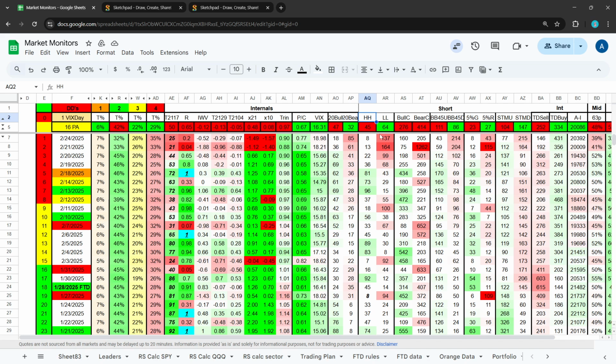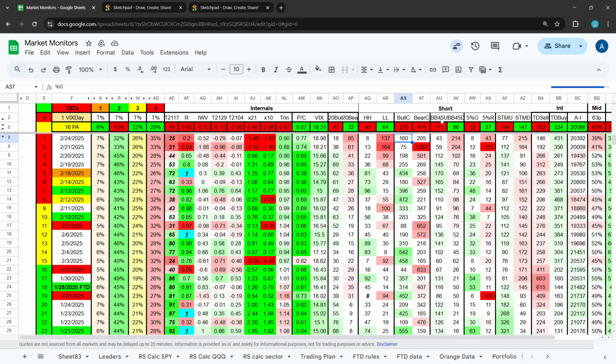And then lower low is stocks that are making lower lows from yesterday. Bull combo and bear combo, or bull C and bear C, that's basically just tracking candles that are either finishing at the high or finishing at the low in terms of the ranges.